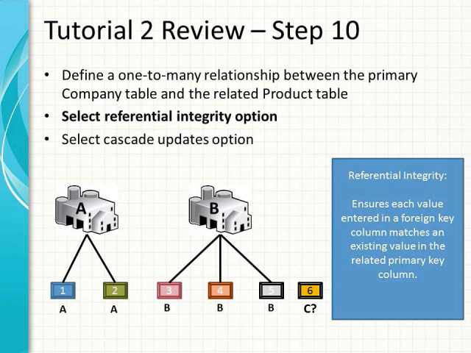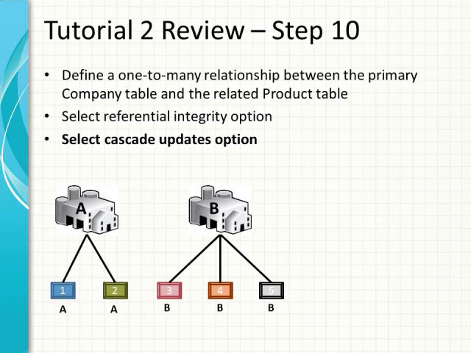If we selected referential integrity and we tried to put in a company C as the foreign key in that product, that wouldn't be allowed and would be flagged by our database because that foreign key has to match a primary key value in that relationship. And we notice there is no company C.